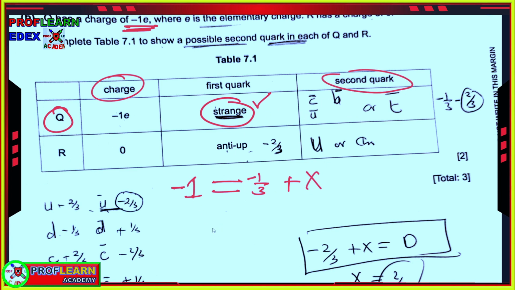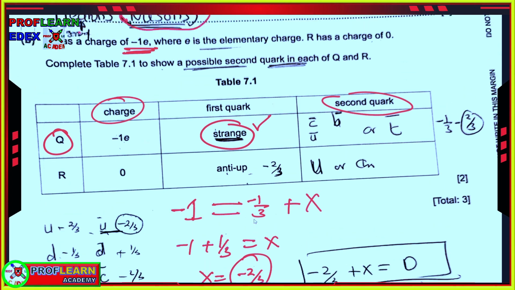If I take this to the other side, I'm going to have -1 plus 1/3 is equal to x, and in that case x is going to be -2/3. So the second quark is going to be any quark that has a charge of -2/3.